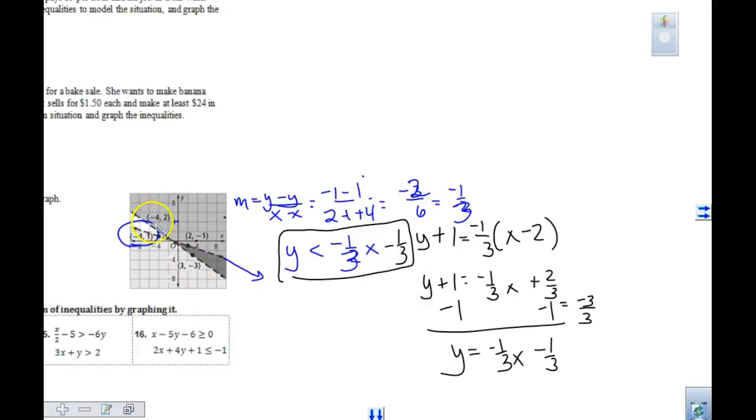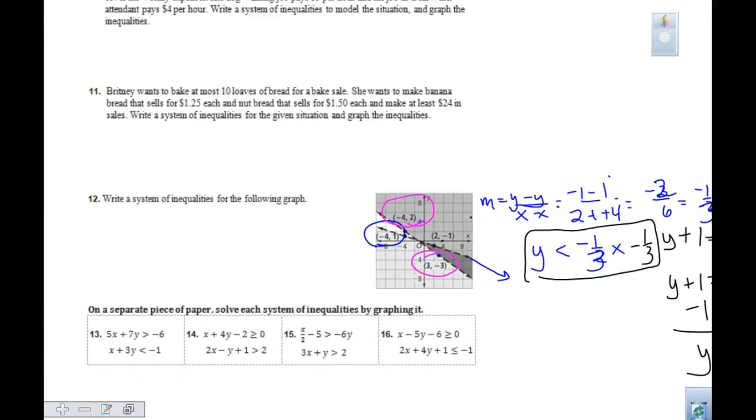You're going to do the same thing using this time the other 2 points that I messed up on first. You're going to use these 2 points now and write your equation. And so if you are writing an equation with those 2 points in the pink, first thing, find your slope. Y minus y over x minus x.